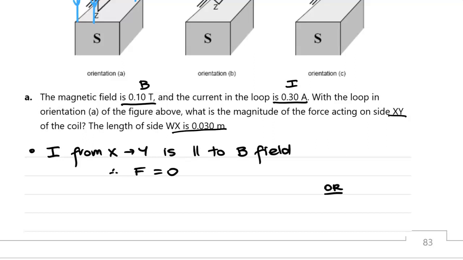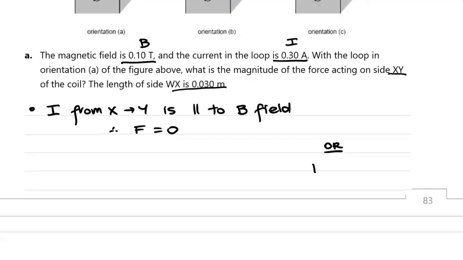So I'm going to put a little "or" here. You might like to do F equals NBIL sine theta. And as theta equals 0, F equals 0. So with that situation, current and magnetic field are parallel to each other, so there's no force on side XY.